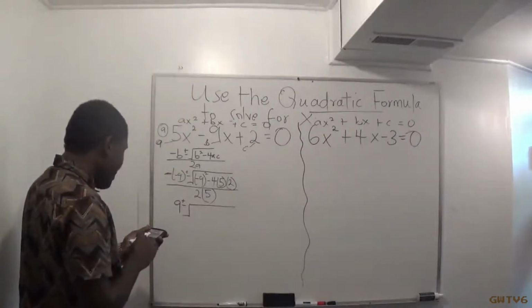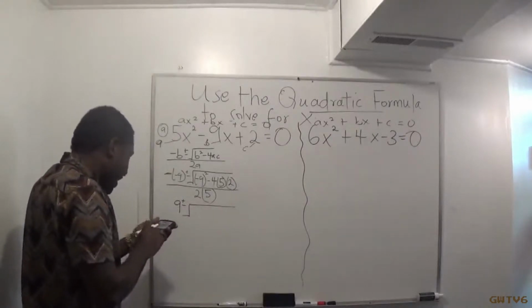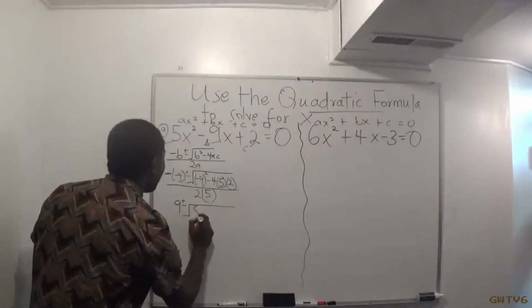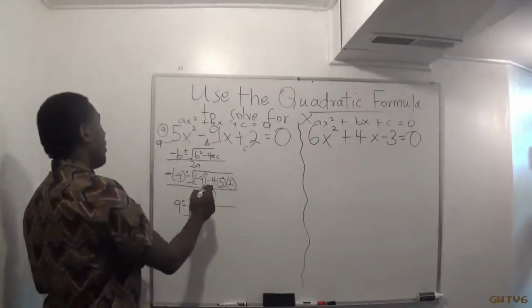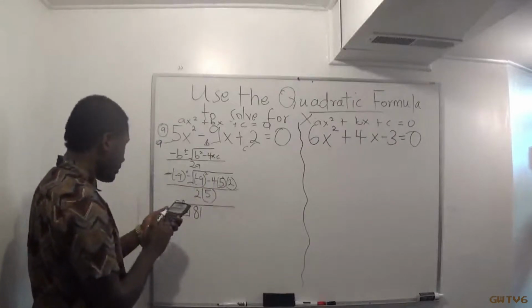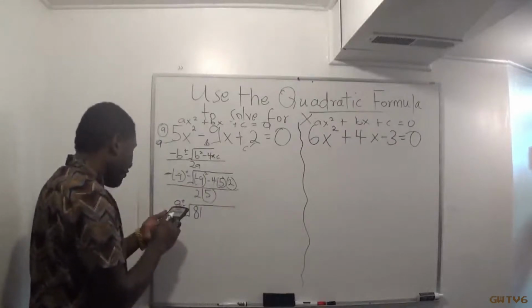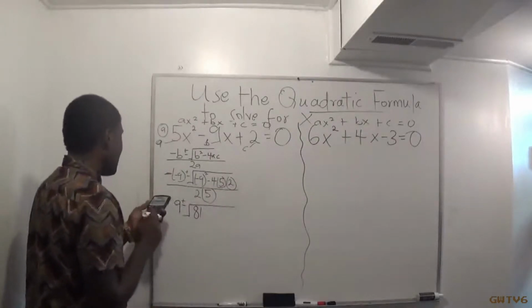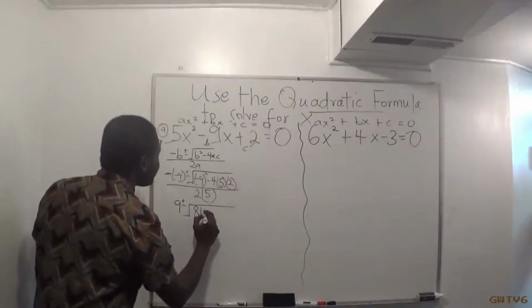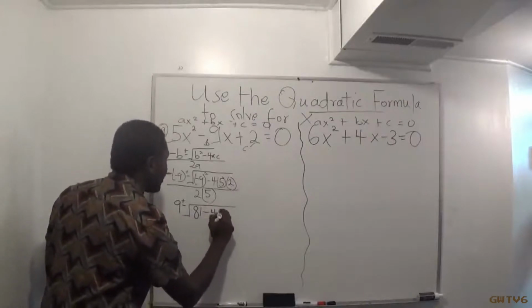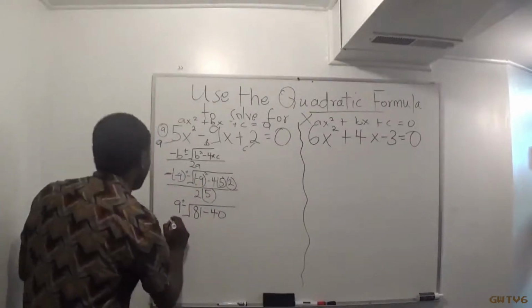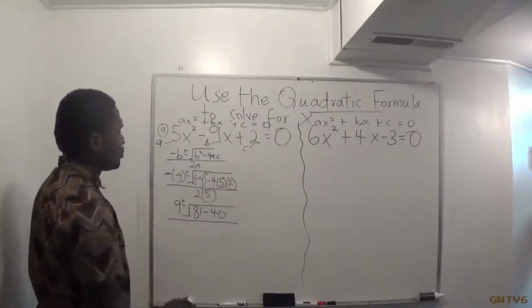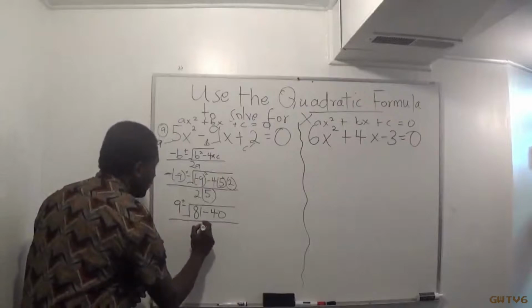Negative 9 squared means negative 9 times negative 9, which is positive 81. Now negative 4 times 5 times 2 is negative 40. And then over 2 times 5, which is 10.